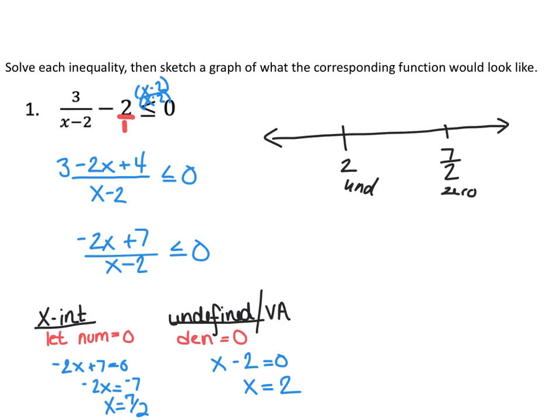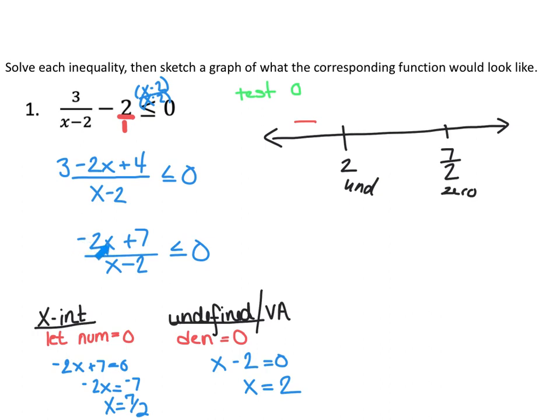Now that I have my undefined and 0 values on my number line, I'm going to test values to the left of 2. Something like 0 is a really easy number to plug into my function. If I plug in 0, I would have 7 on the top and negative 2 on the bottom, which would produce a negative answer. Then I pick a value between 2 and 7/2, like 3.